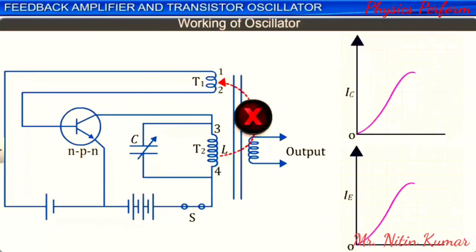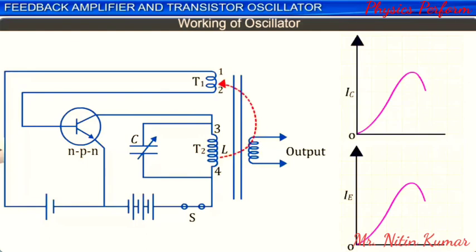When the inductance or feedback from coil T2 to coil T1 stops, emitter current starts decreasing. As the emitter current decreases, the collector current also starts decreasing. The decreasing collector current in coil T2 sends a negative feedback through induction to coil T1.